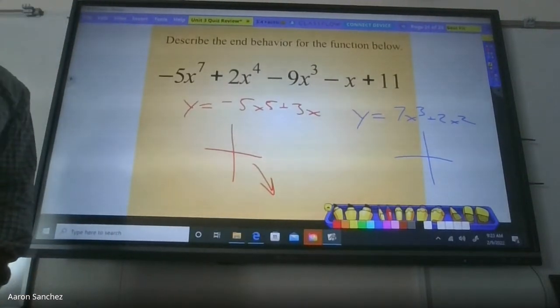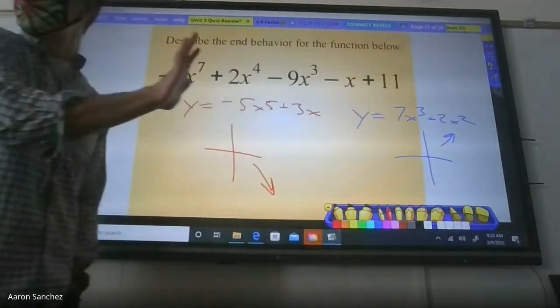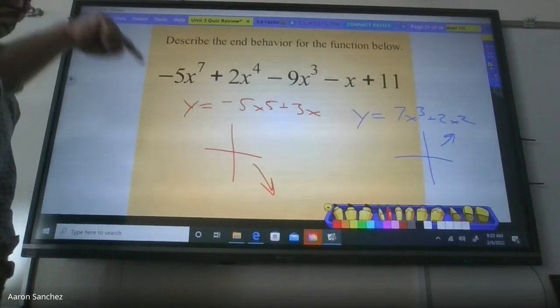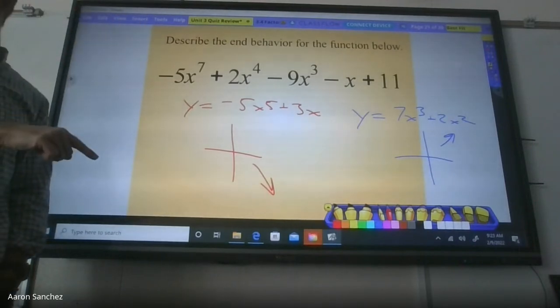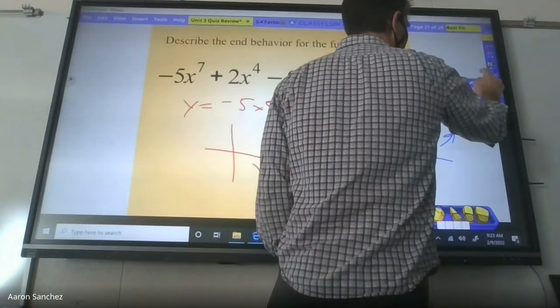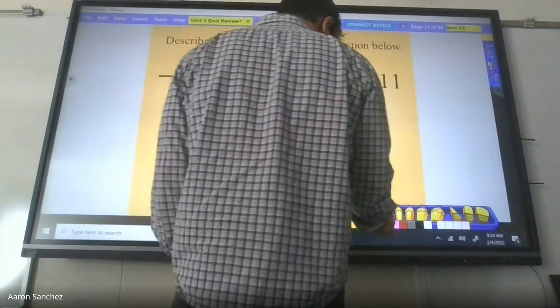Up, right? If this is positive, just focus on the right side. If it's positive, it goes up. If it's negative, focus on the right side, and it's going to go down. That's all you need to know. That's all you need to think about. That's it. That doesn't make sense? Watch a YouTube video. It explains it in 5 minutes, okay?